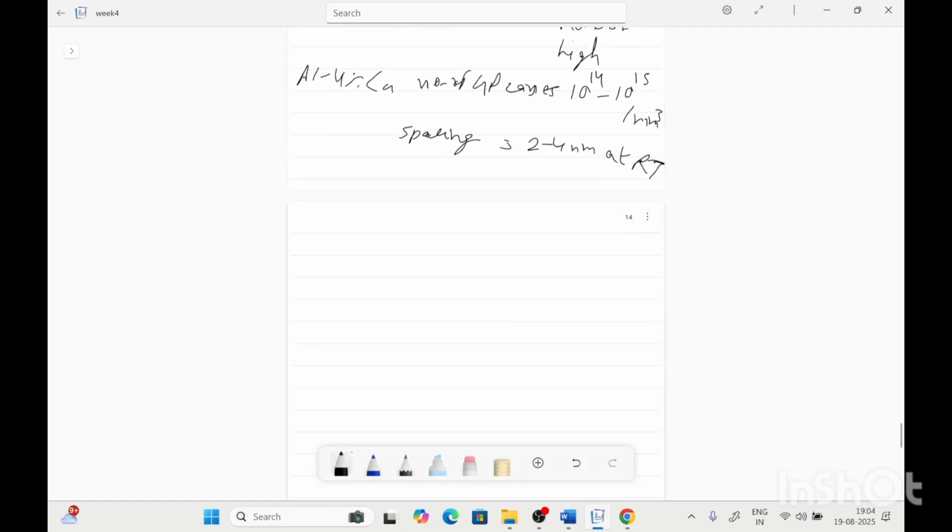Next, the GP2 zones or theta double prime form. In this the shape is disk shape, meaning the GP1 zones grow and form a disk shape which is larger than GP1.